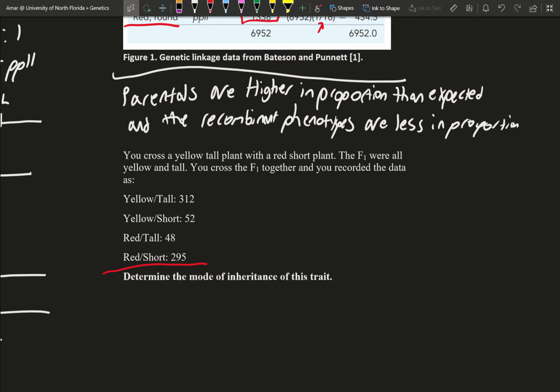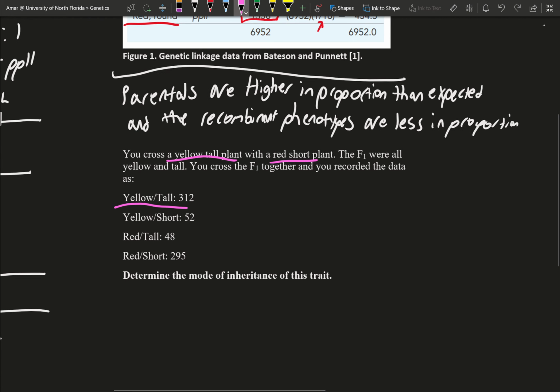For example, we have a true breeding yellow tall plant crossed with a red short plant. If we cross the F1 together, we record the data as yellow tall, red short, and so on. If you read the problem carefully, we know that the parents were yellow tall and red short.